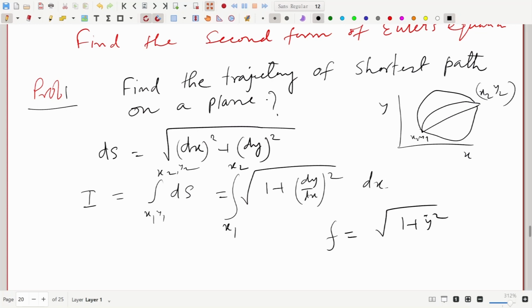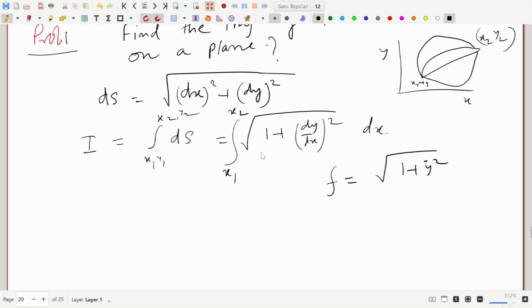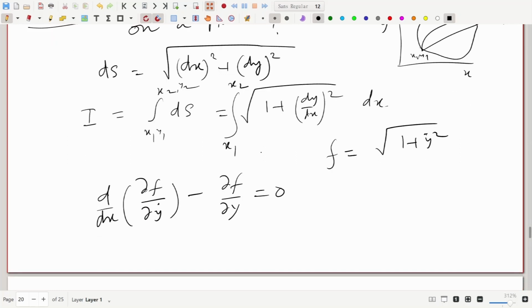So your earlier f function is this, and if you recall the extremization condition we obtained, d/dx of del f del y dot minus del f del y equal to 0. So this was the extremization condition.